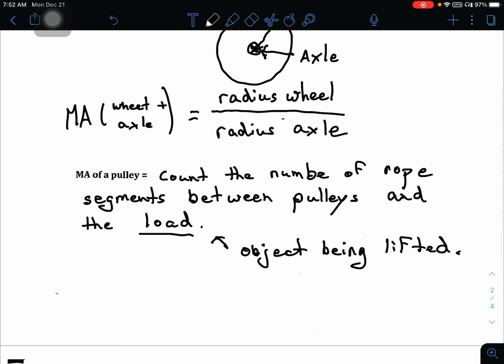Okay, so you're going to count the number of rope segments between pulleys and the load. And as we go, I'll do this next sheet with you a little bit and show you some of these, that might make a little more sense.